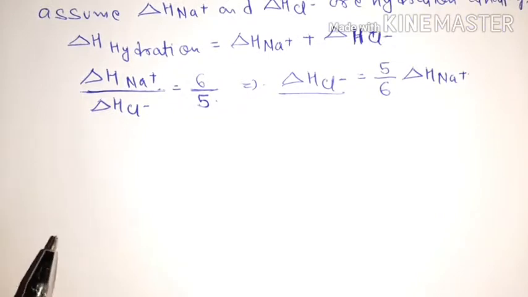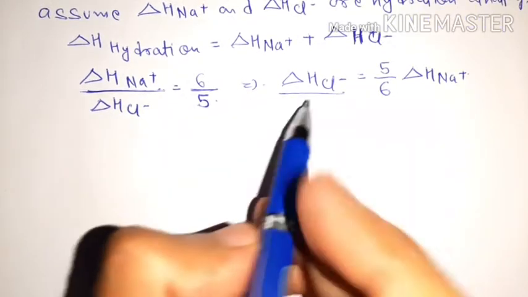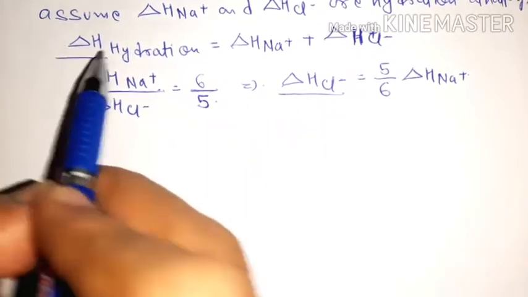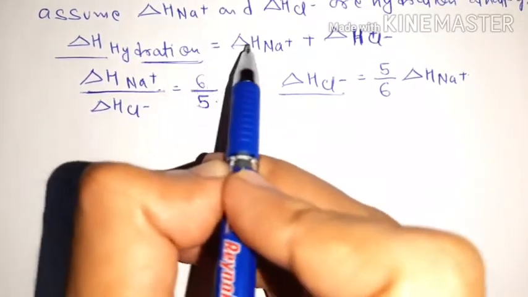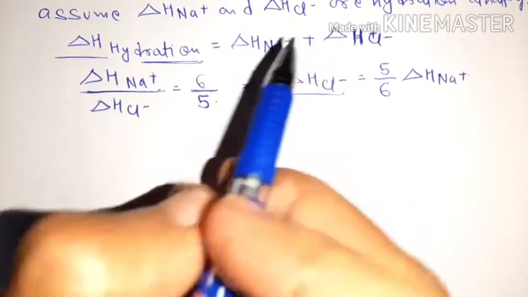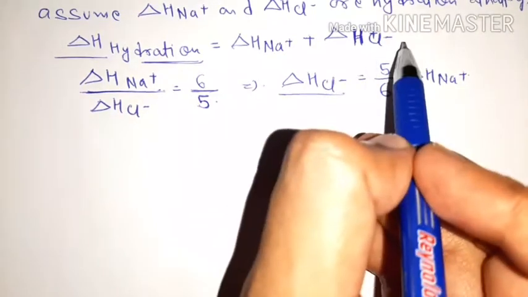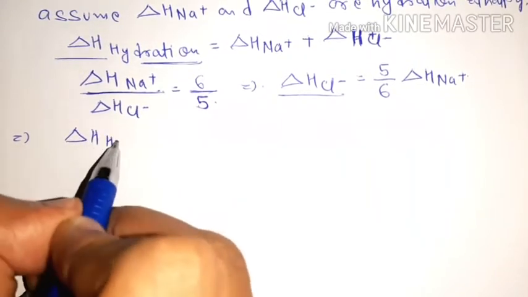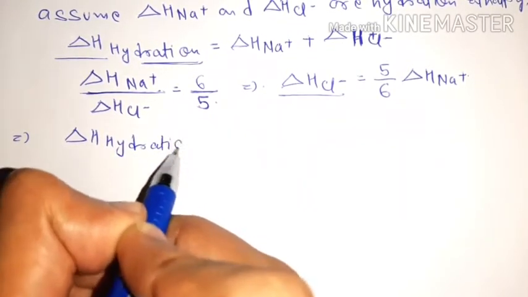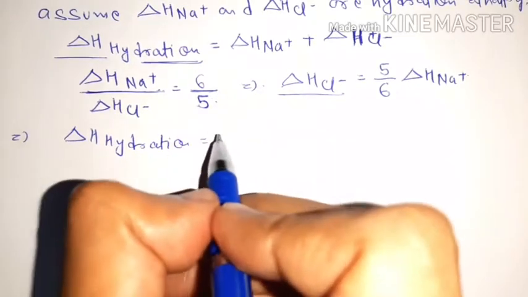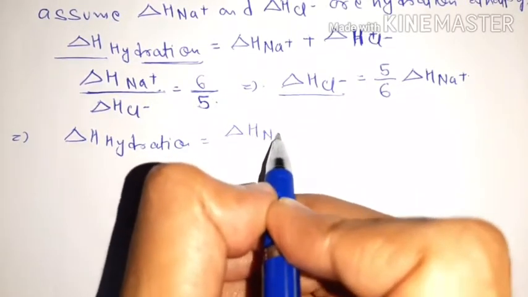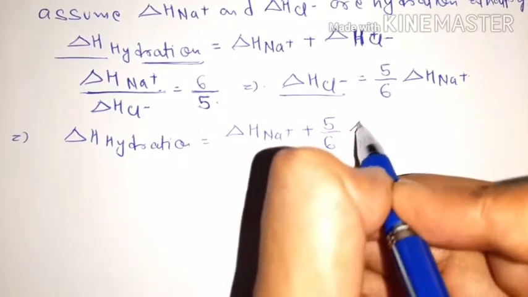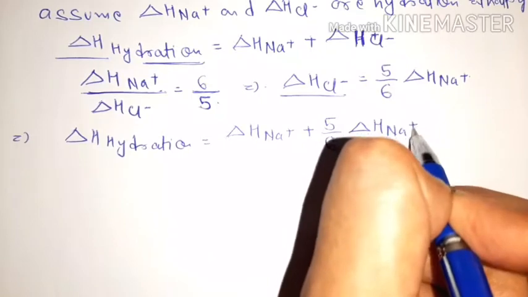Understand? Now put the value of the enthalpy of hydration of Cl minus into the equation for delta H hydration. So what we get? We get that delta H hydration is equal to delta H Na plus plus 5/6 delta H Na plus.